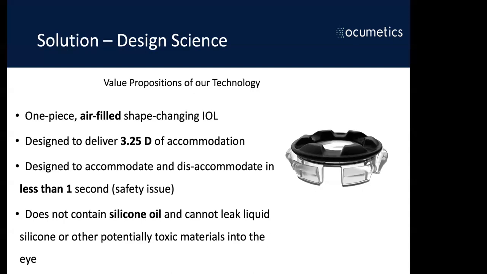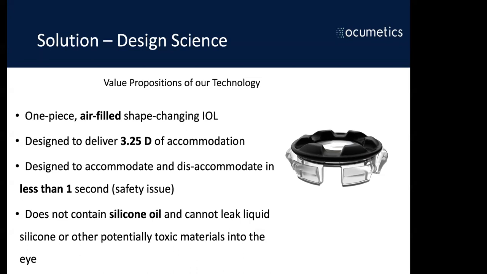And then when you resume looking in the distance, you want that distance change to occur really quick. So we've designed a lens that changes very quickly, and we're trying to mitigate against any kind of safety issues that might occur from that.